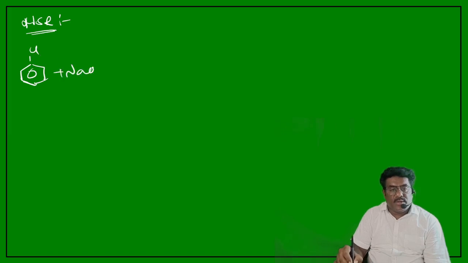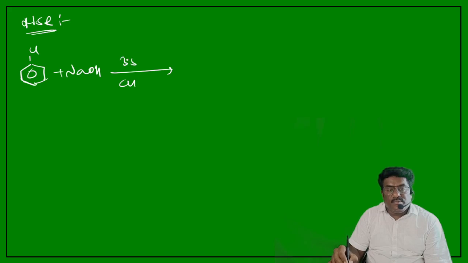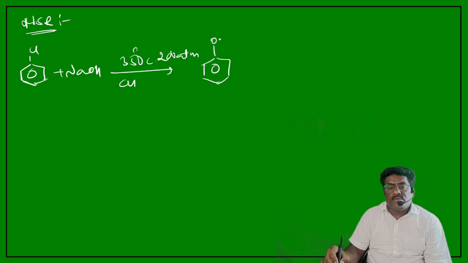Next method is nucleophilic substitution reactions. Chlorobenzene in presence of sodium hydroxide and copper at 350 degrees Celsius and 200 atm pressure gives phenol, with sodium chloride.